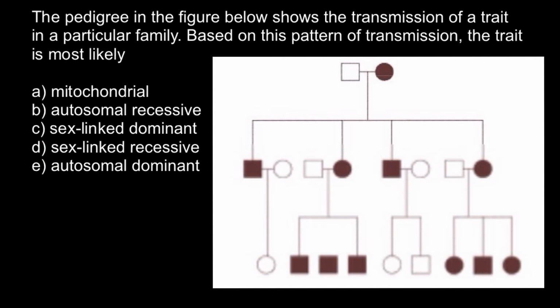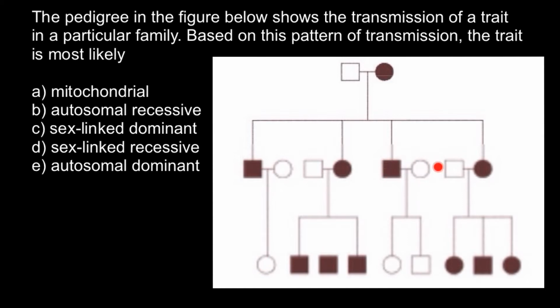I want to draw your attention to the fact that here the female is affected and basically every child in this family is affected. But when a male marries some other woman that is not part of this family, as you see, they have an affected child.